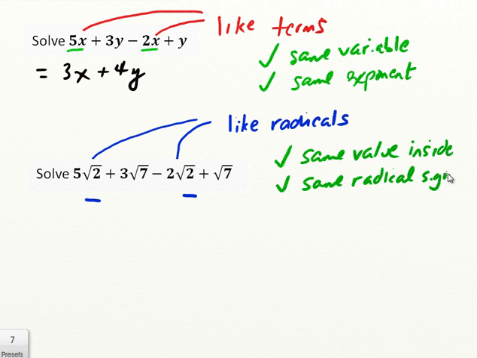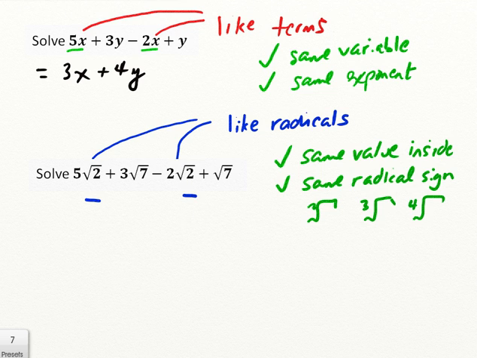And what do I mean by the radical sign? I mean that they both have to have a square root, or they both have to have a cube root, or they both have to have the fourth root. So the type of radical sign has to be identical. Okay, so that means that we have some like radicals here.